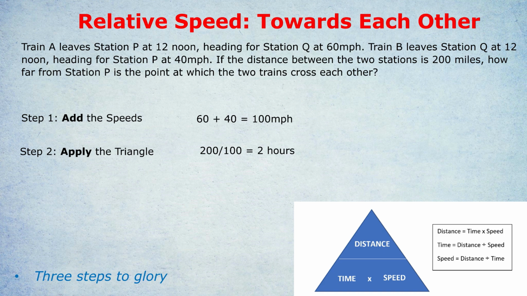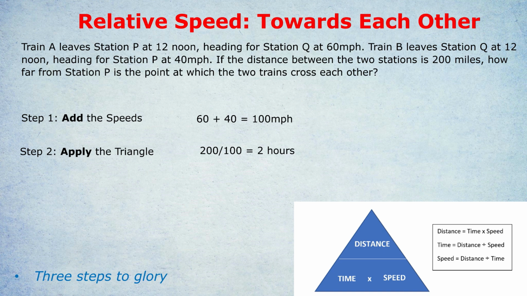And using the triangle, we can see that gives us a time. So it takes 2 hours for the two trains to cross each other. Notice we didn't focus on one of the trains or the other train. We used a combined measurement. Combined, they're going at 100 miles an hour. The distance is 200. Distance divided by speed equals 2 hours.